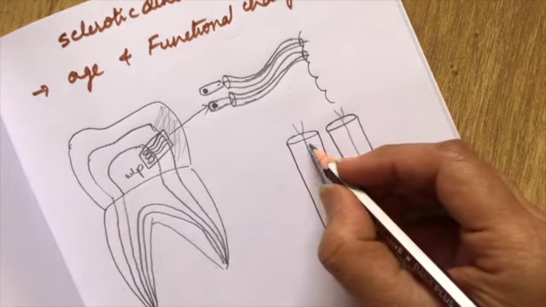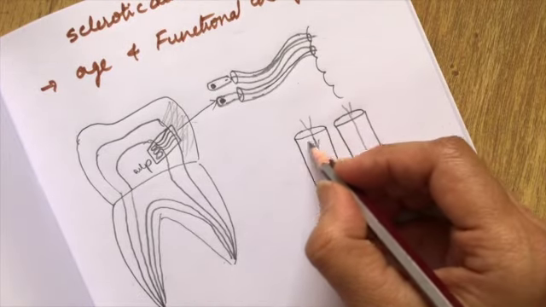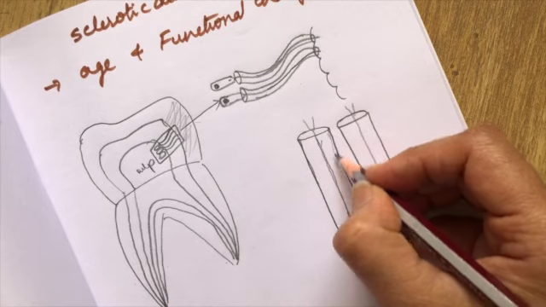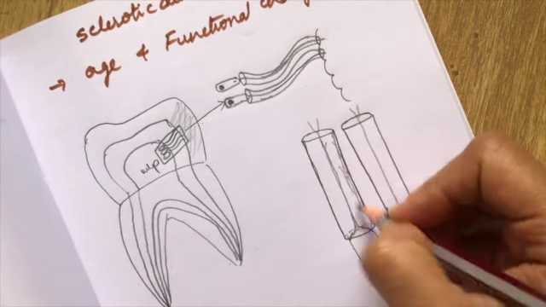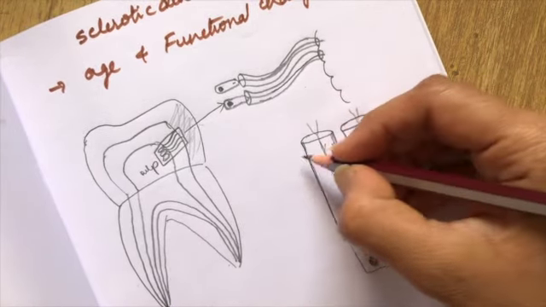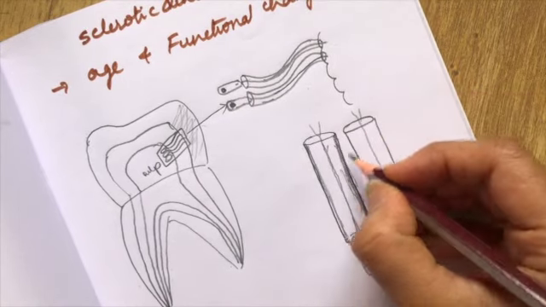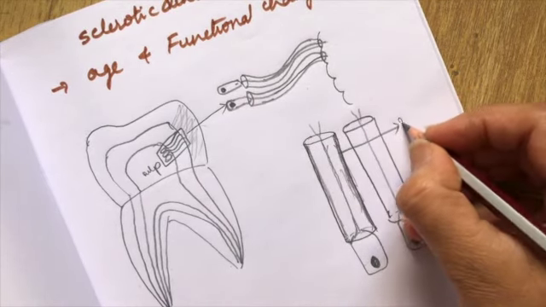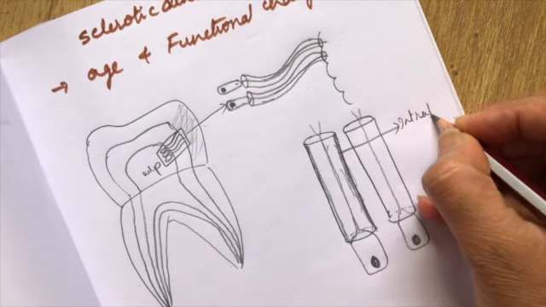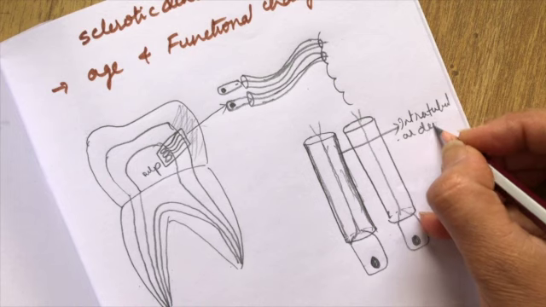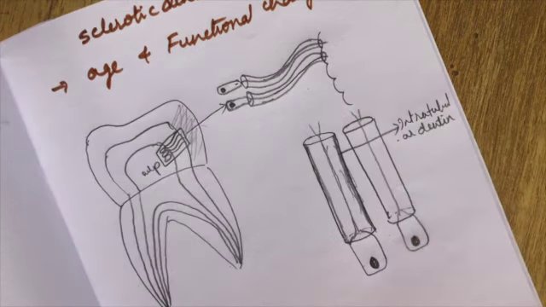Okay, so what are the contents of this tubule? We have the tubular wall, which is lined by a layer of highly mineralized dentin called intratubular dentin. Before it was called peritubular dentin, but now it is called intratubular dentin.